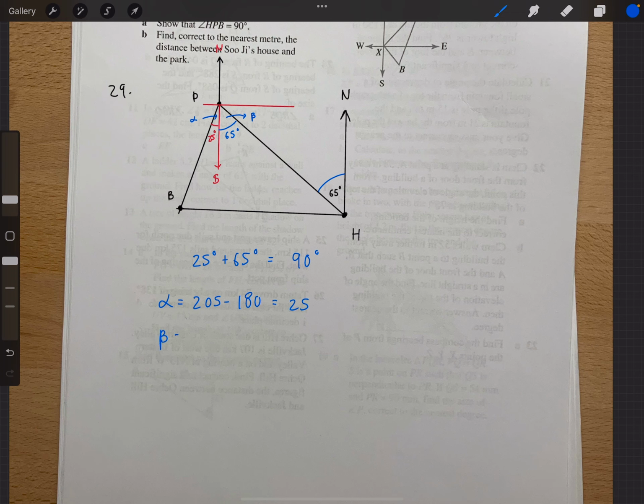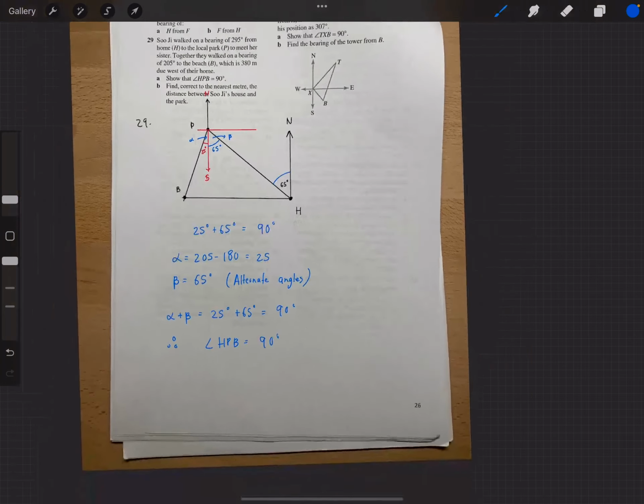Then you can say angle beta is equal to 65 degrees according to the diagram, because the two north lines are parallel and there are alternate angles. And then alpha plus beta equals 25 degrees plus 65 degrees equals 90 degrees. Therefore, angle HPB is equal to 90 degrees. We just proved it.